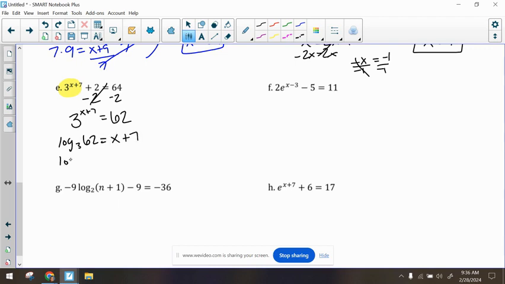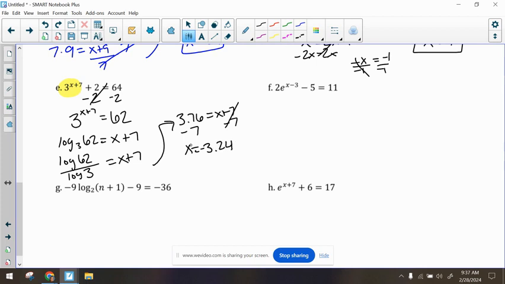To evaluate that log, I do log 62 divided by log 3, and I will eventually be subtracting 7. So log 62 divided by log 3 gives me about, we'll say, 3.76. I subtract 7, and I get about negative 3.24.